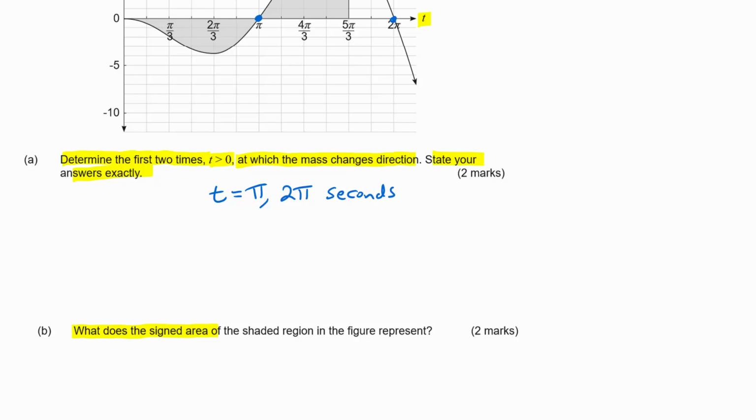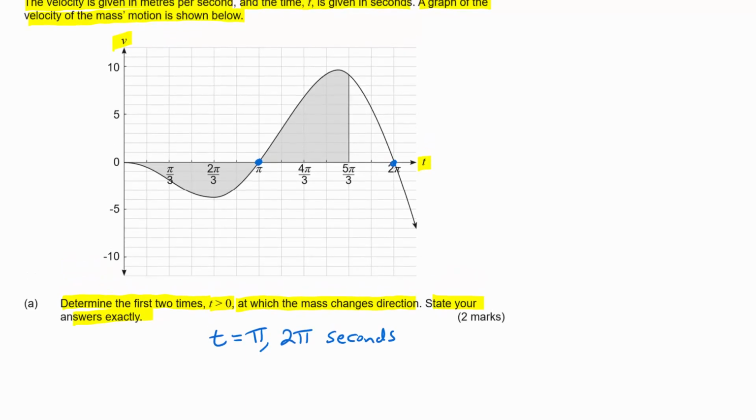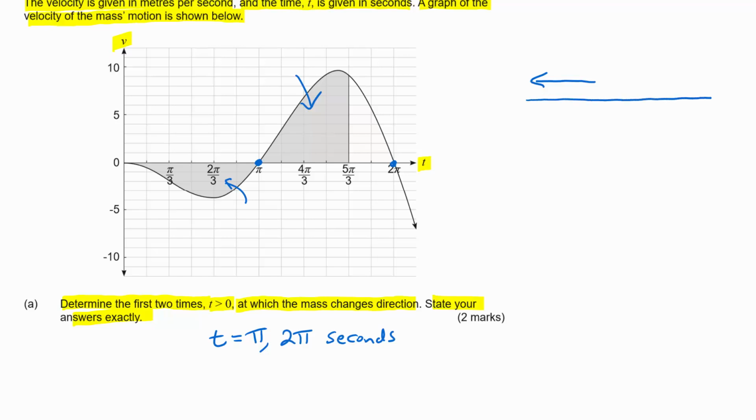What does the signed area of the shaded region in the figure represent? So, we have an area below, which would be the distance that it's travelling in a negative direction, and then an area here, which is the distance travelled in a positive direction.